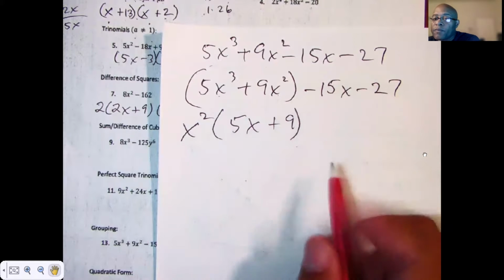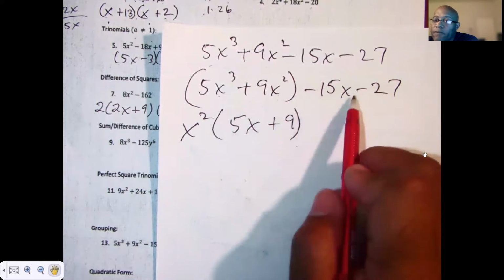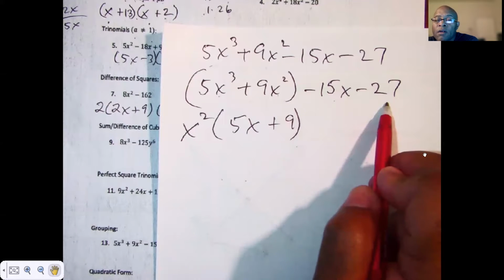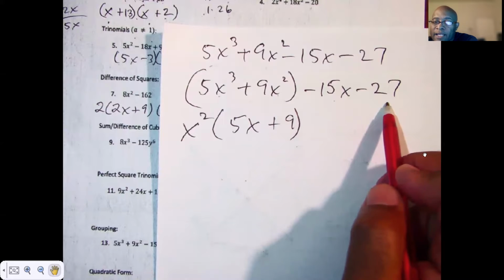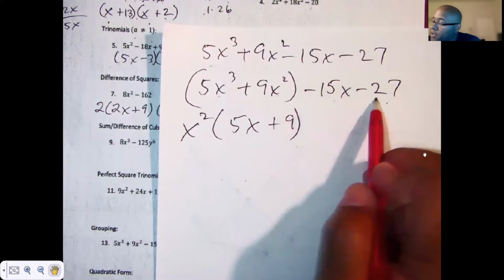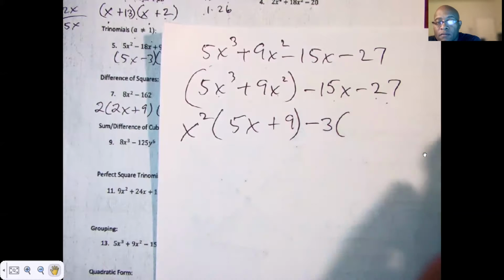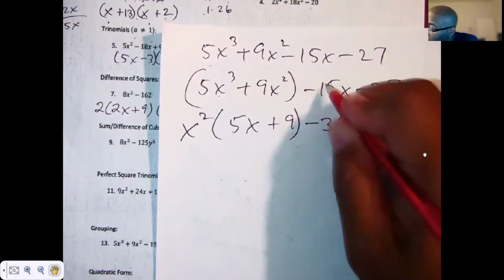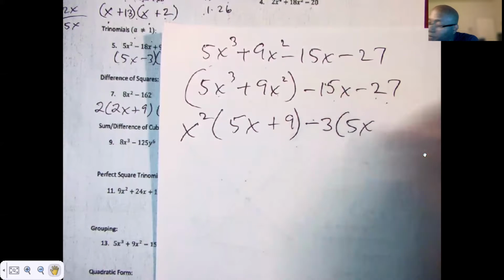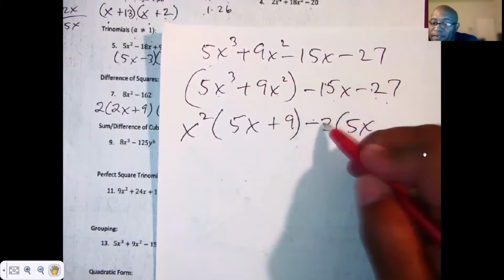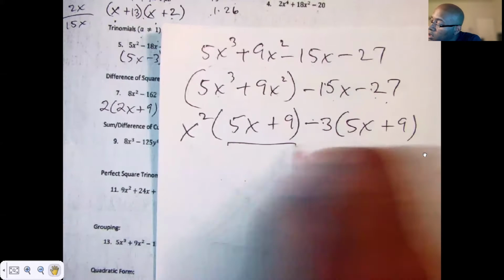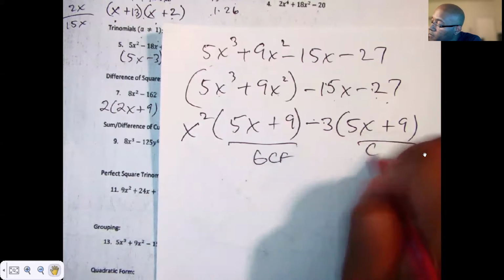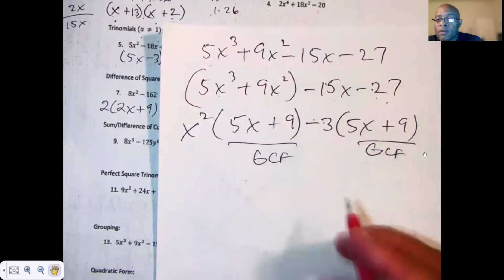Let's come over here. We're going to factor out the negative. If you look at 15 and 27, what is common? The common factor is going to be negative 3. So negative 15 divided by negative 3 is 5x. Negative 27 divided by negative 3 is plus 9. What do you see common in both? The GCF, so that goes in front.